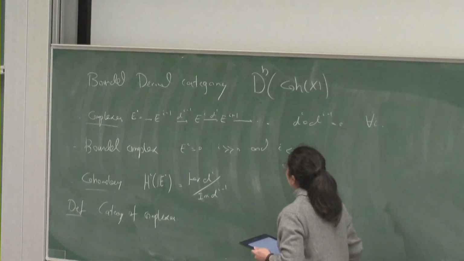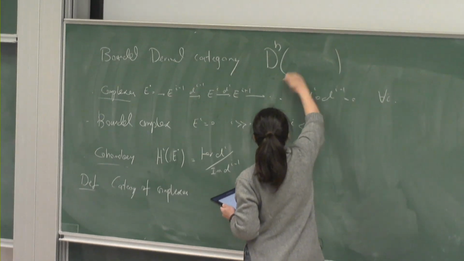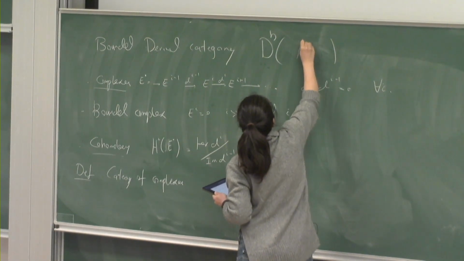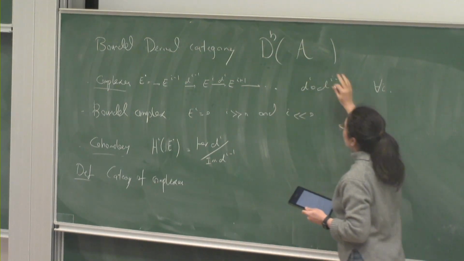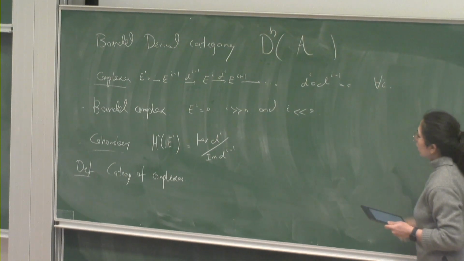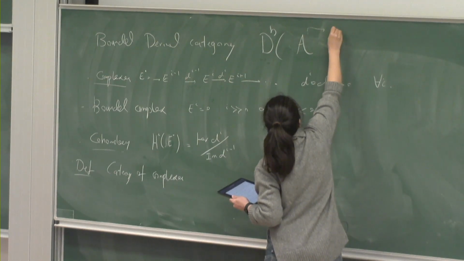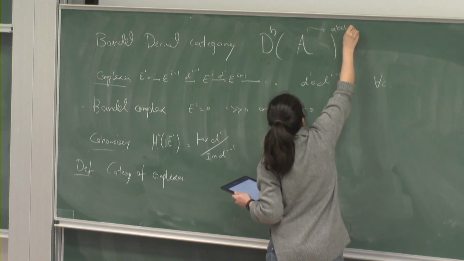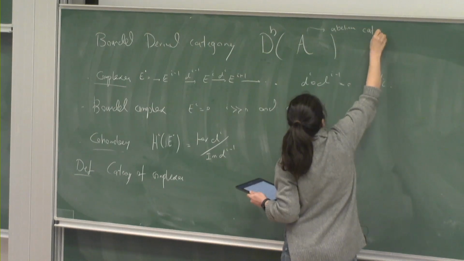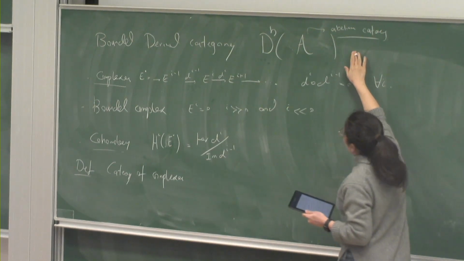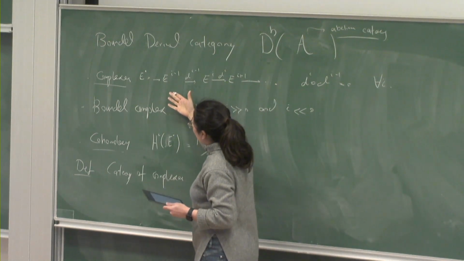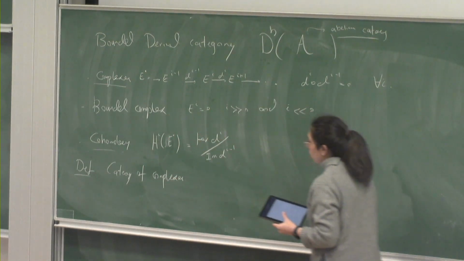It can be any abelian category. So to make it more general, although in my talk I only need that abelian category, anything can be explained for any abelian category. So I fix an abelian category A, and then we can define the notion of complexes, bounded complexes, and cohomology.